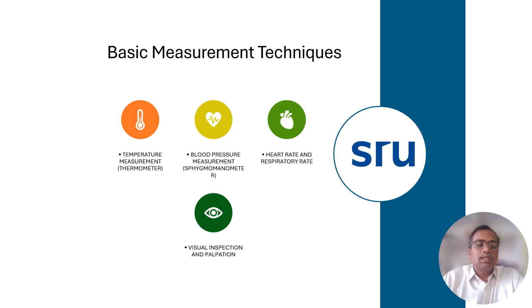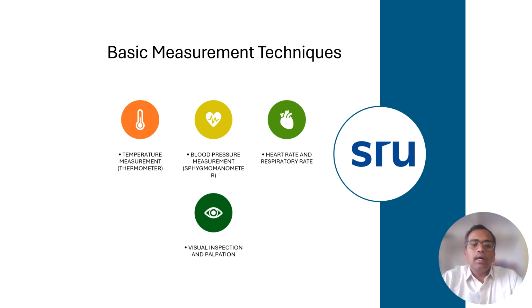Normal blood pressure is approximately 120 over 80 millimeters of mercury. Abnormal blood pressure may indicate hypertension, hypotension, or cardiovascular problems.